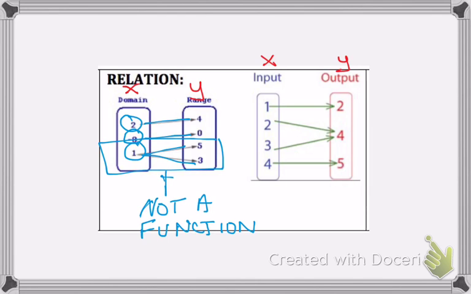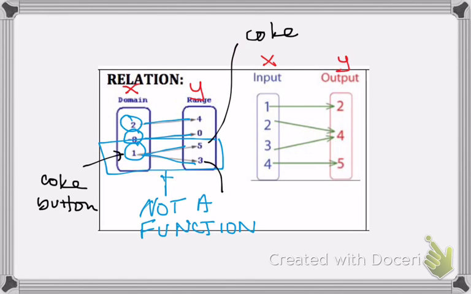This is where the Coke button gave me a Coke the first time, and it gave me a Sprite the second time. So malfunctioning Coke button. Okay, so then looking at the next one, 1 gave me a 2, that looks good. 2 gave me a 4, and 3 gave me a 4, and then 4 gave me a 5.